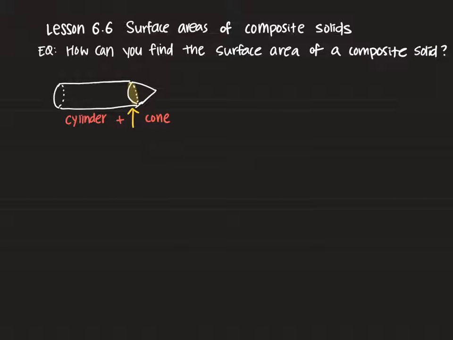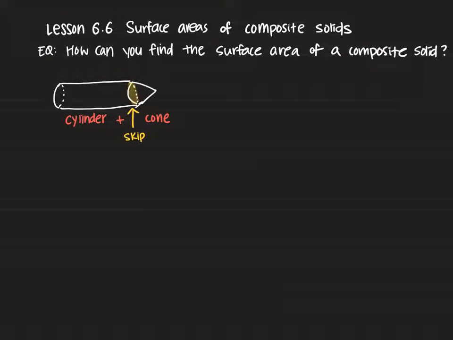So you're going to skip it. Either you don't count the circle from the cone or from the cylinder, or you don't count either of those sides and just count whatever is on the bottom. So you only need the side for the cone, the side for the cylinder, and just one circle for this composite solid.